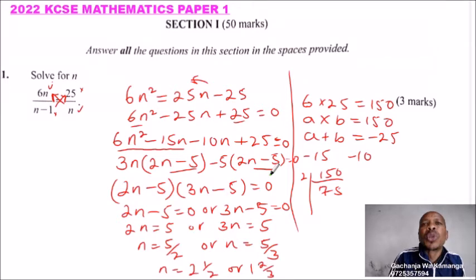So that is how you solve that, and you'll be able to get 3 marks. You get 1 mark for getting the quadratic equation, another mark for factorizing, and one mark for the answers. So that totals to 3 marks.